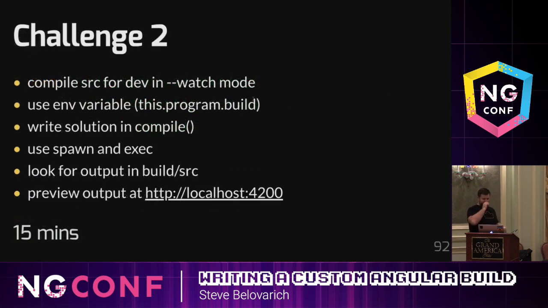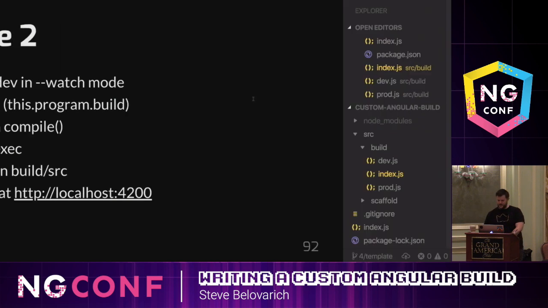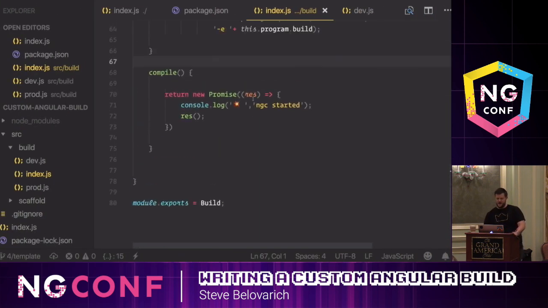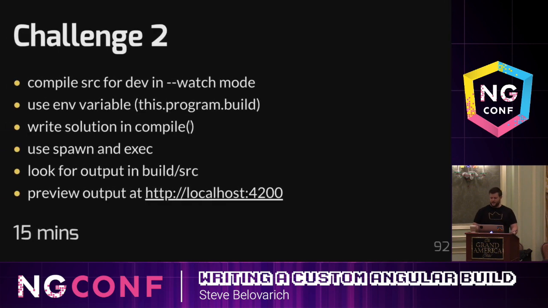So the challenge for you is to use exec and spawn. Inside of the project here, we have a compile method that is resolving a promise. I want you to take 15 minutes, we have time for.